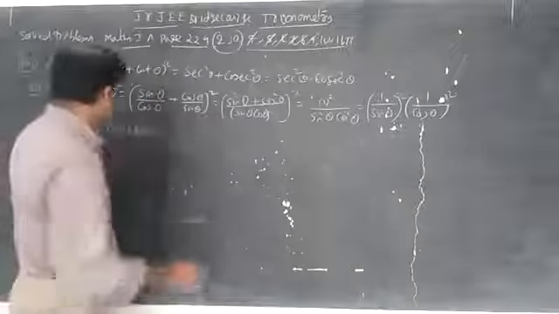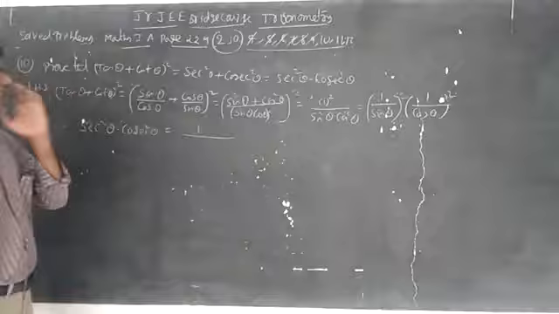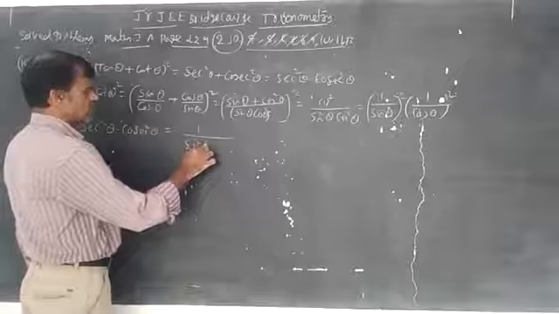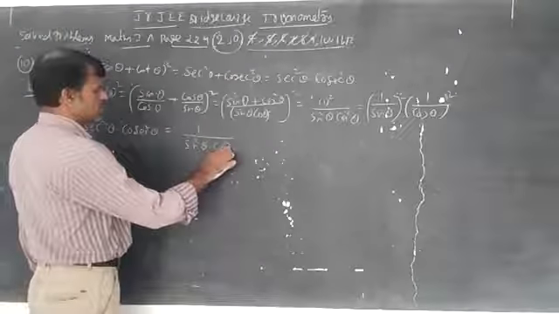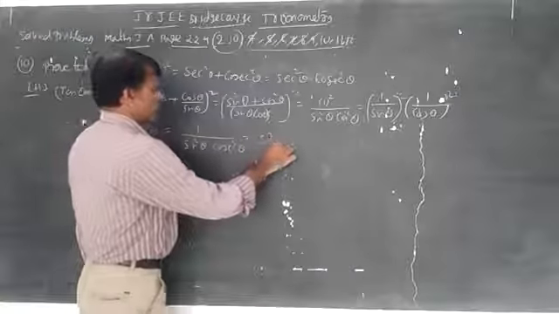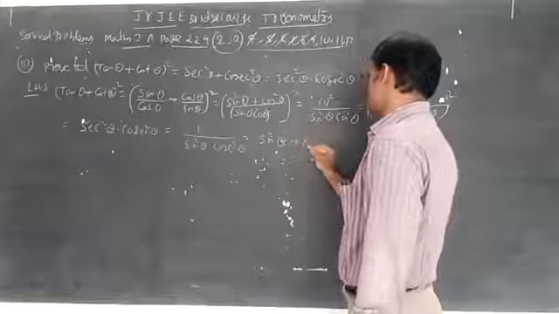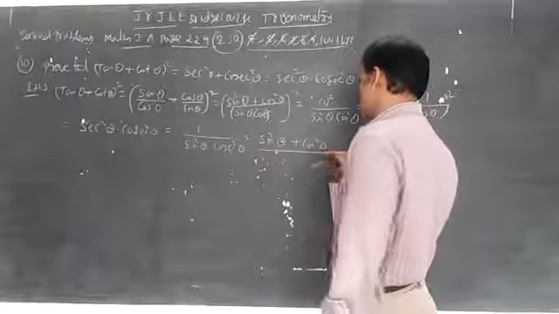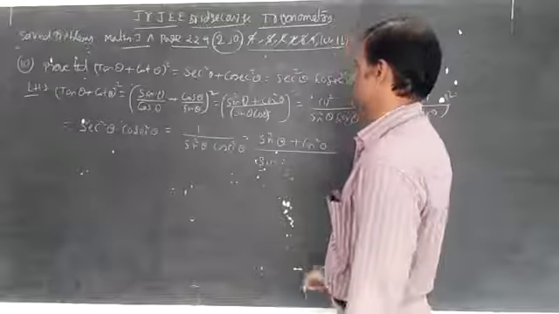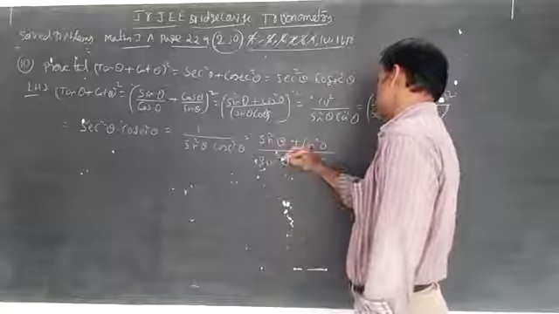Now we can understand the other part with the same concept: 1 by sin square theta into cos square theta. For 1 you write sin square theta plus cos square theta, by sin square theta into cos square theta.